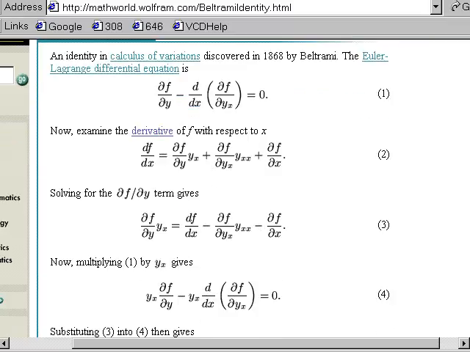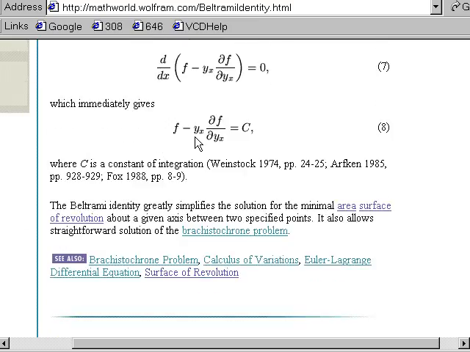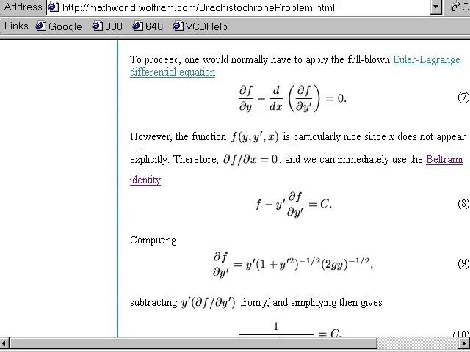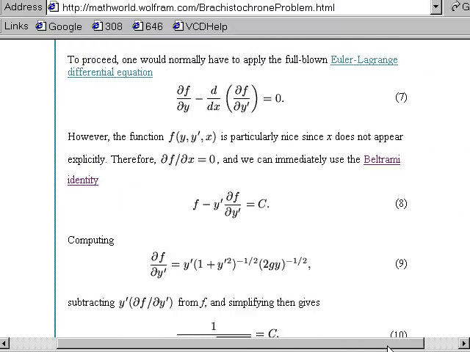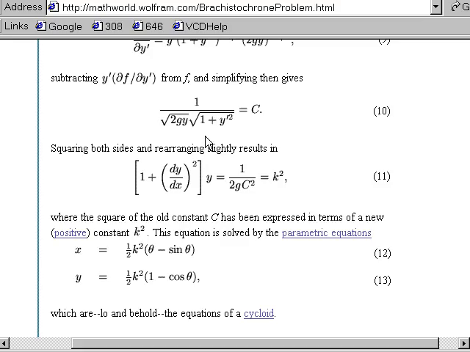If you go through here, you come up with the following identity, equation number 8. If you use that in this particular case, you end up with the following curve: 1 plus (dy/dx) squared, times y, equals a constant.